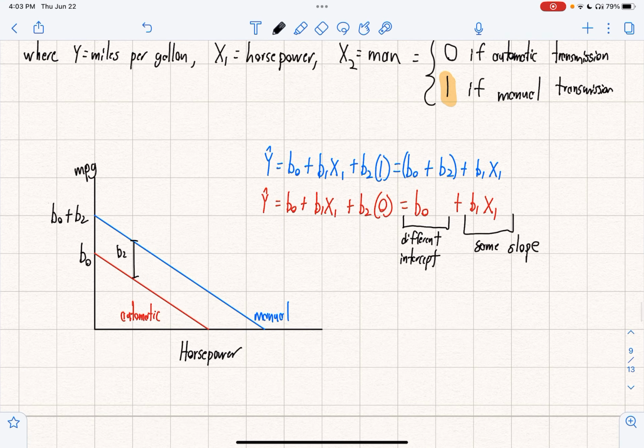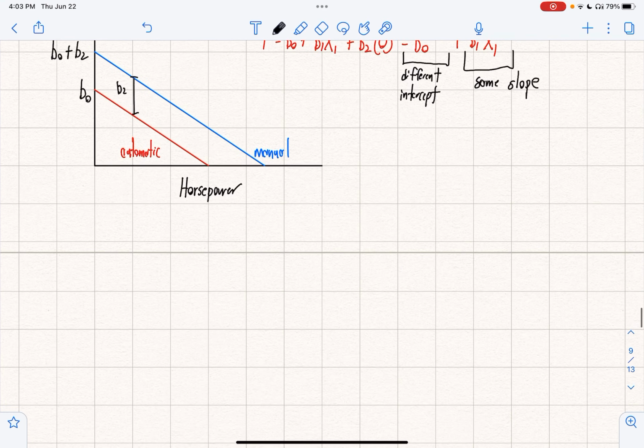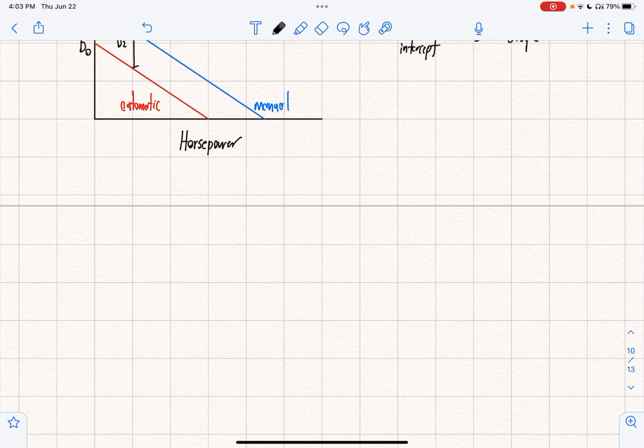So let's give this a number. Let's just say b2 is equal to the value 5. So that would be 5 miles per gallon.